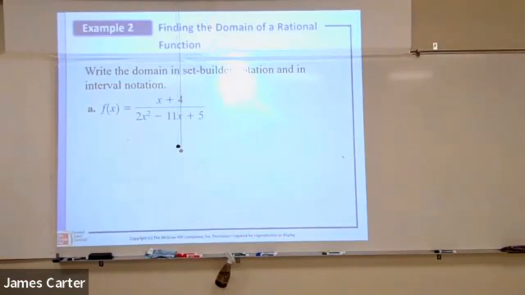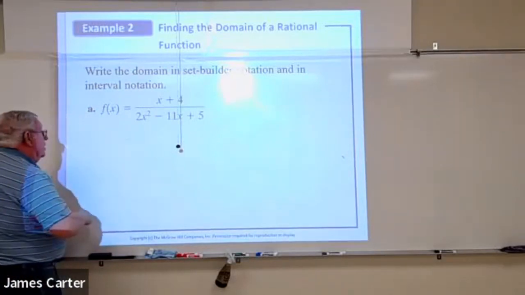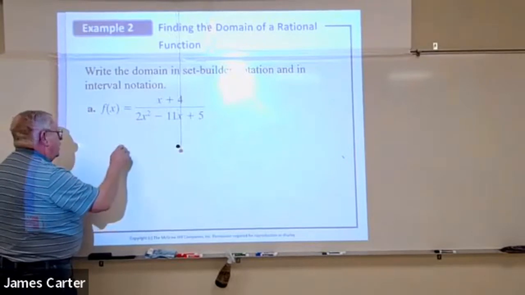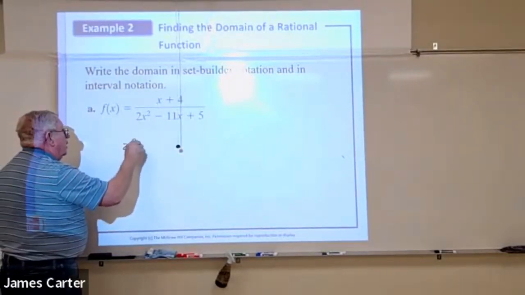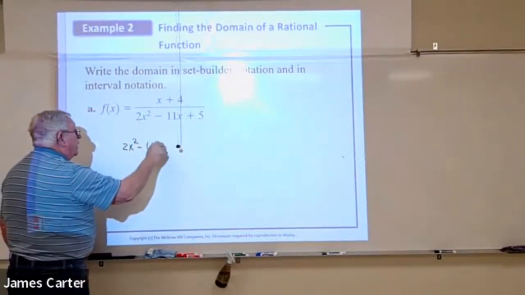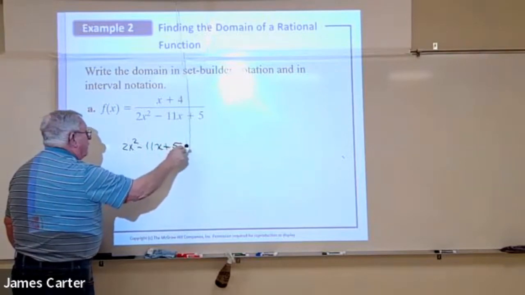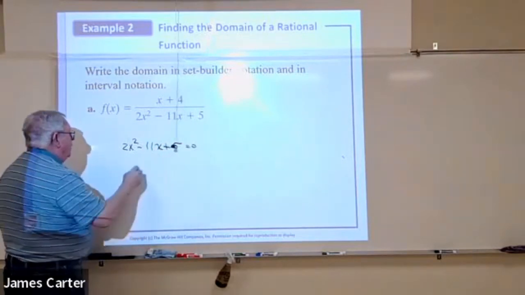Uh-oh. Now they've thrown a new quirk at us. We can't just look at this and tell what it is. So what we got to do using those steps then is we take this 2x squared minus 11x plus 5 equals 0.